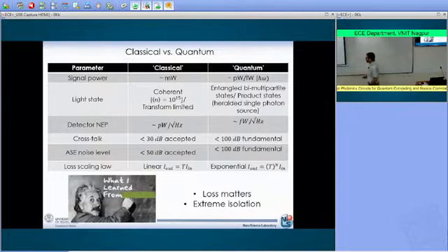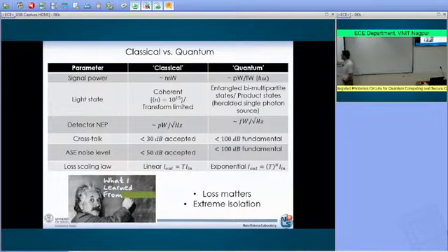Then the noise level is as well very demanding. And also, quite importantly, the scaling laws in classical photonics are typically linear, while in quantum photonics they are typically nonlinear. So what does that mean? Here, if we have 10 photons in, we can get 5 photons out. If we have 20 photons in, we can get 10 photons out.